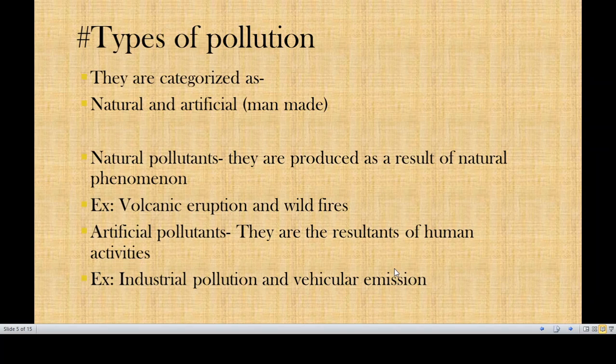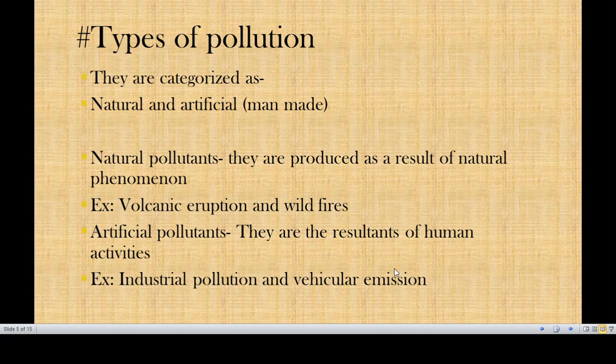That is also a kind of pollutant because harmful chemicals are being released on a vast scale, directly affecting the surrounding system. Maybe because of a volcanic eruption there is a complete emission of nitrogen and sulfur products. So that is again a pollutant, and it can be a natural form.